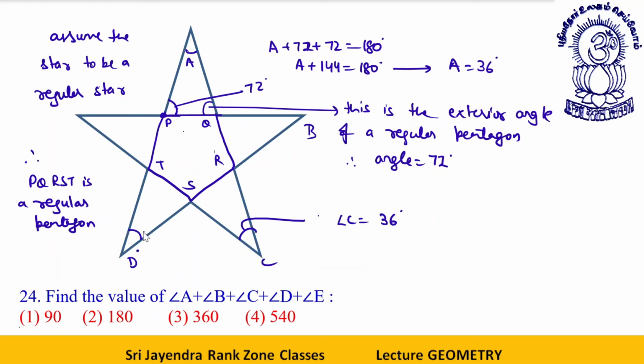This angle D is equal to 36 degree, I'm sorry. This angle is also 36 degree, this angle is also 36 degrees. So what do I get? A plus B plus C plus D plus E, 36, 36, 36, 36, 36, that is equal to 180 degree. One more easy way of doing this question. Okay, just so it's clear to all of you.